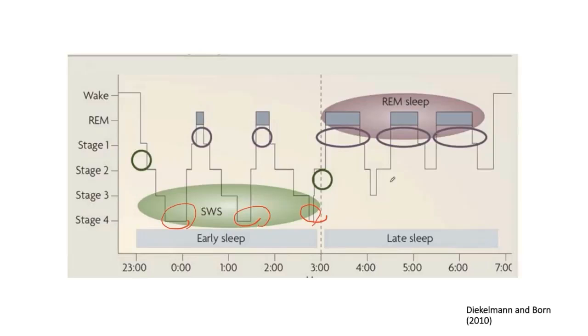So those are basically the two major phases of sleep, and they all have their own functions. If we miss this part, there are specific consequences. If we miss the REM part, there are specific consequences. So they have their own functions and their impact.